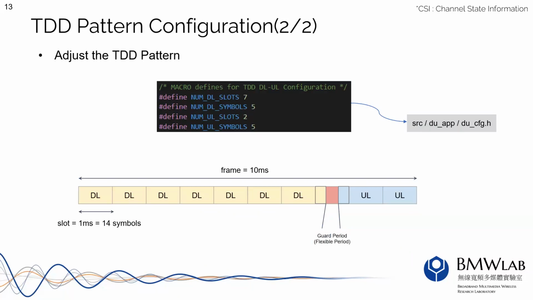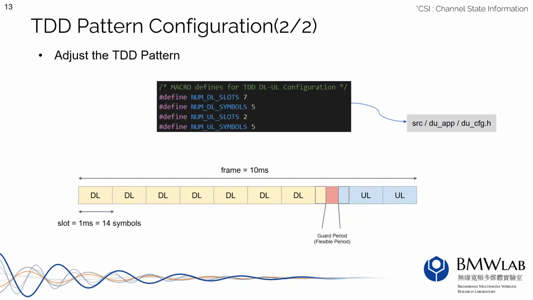I think the special time slot is like, in one time slot, it supports both downlink and uplink. Oh, just like you show in this figure.